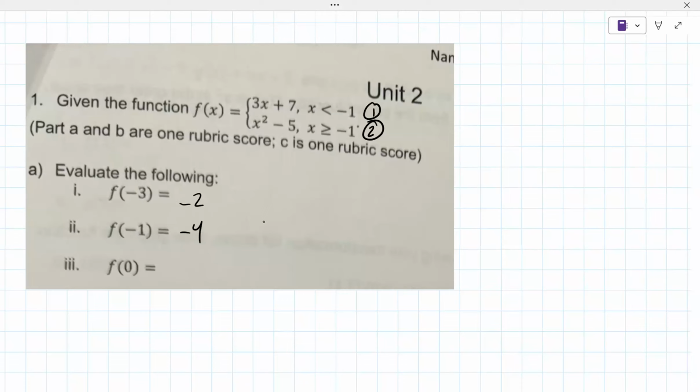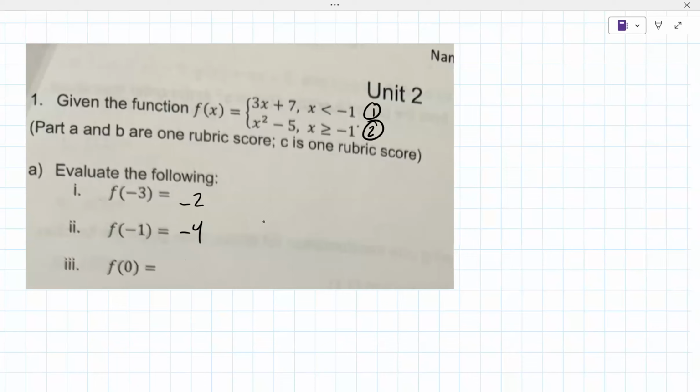Agreed. And how about f of 0? It's number two again. Yeah. So what is that?